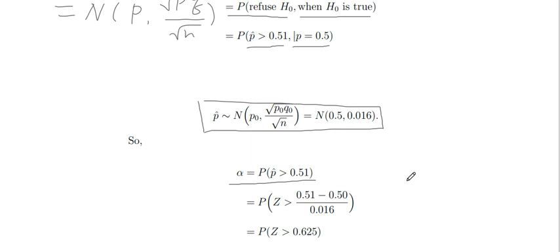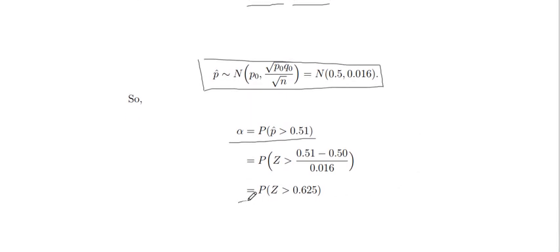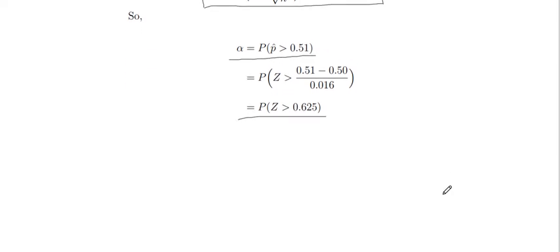We change to a standard normal, and in order to check the table we only need 2 decimal digits, so we just change this to larger than 0.63.